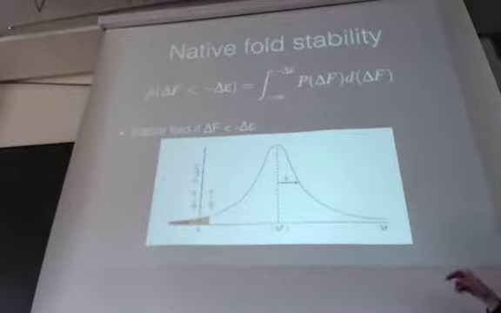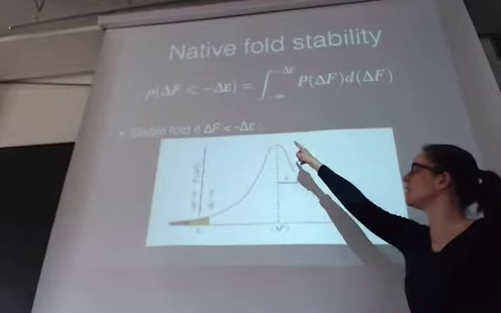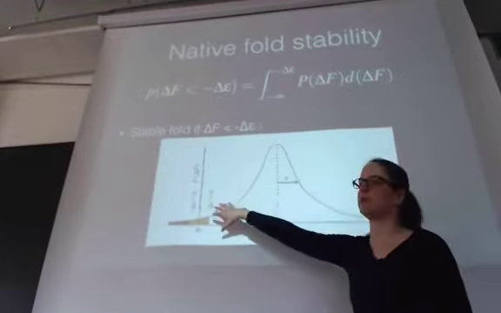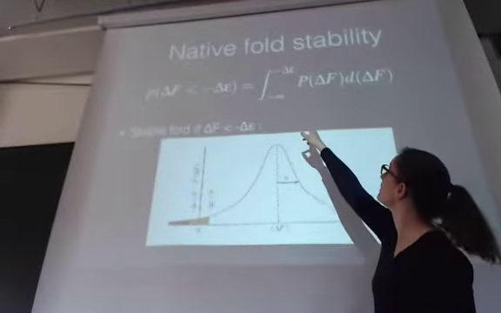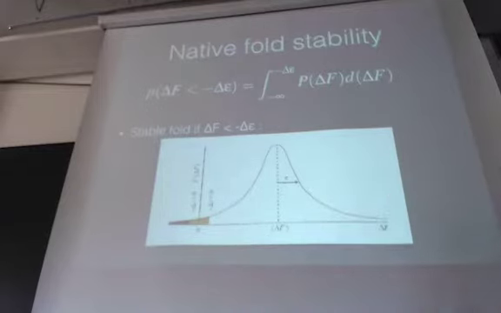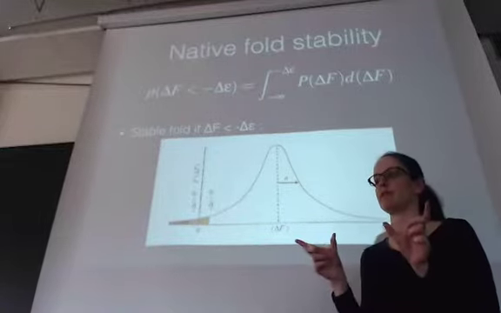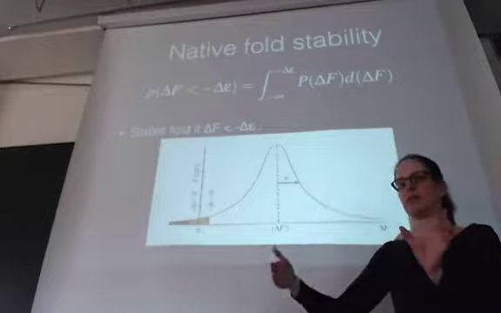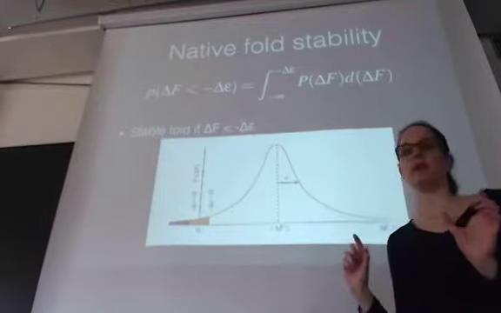The probability of folding is written up here, and it's the integral of this probability distribution taken between minus infinity and minus delta E. Why is that? Remember, because delta F plus delta E has to be lower than 0, so I need delta F to be lower than minus delta E.